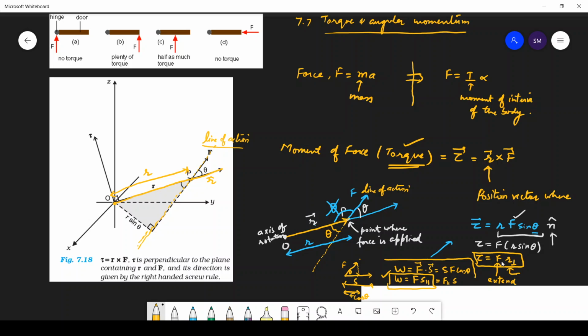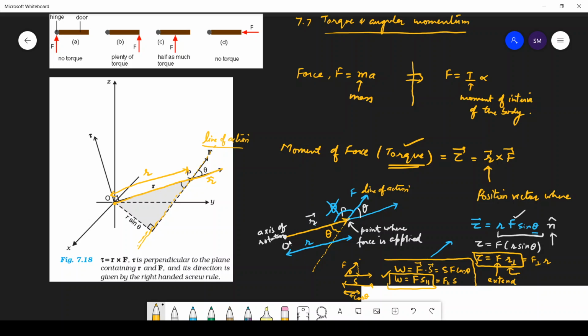And here one component is perpendicular to the other. That's the difference. So I can also write it as F perpendicular into R, meaning the perpendicular distance between this force and R. So that can also be taken.